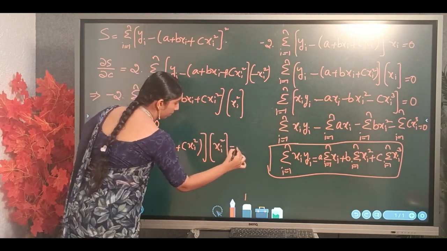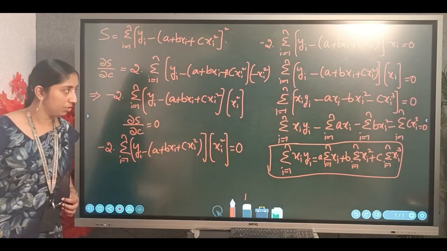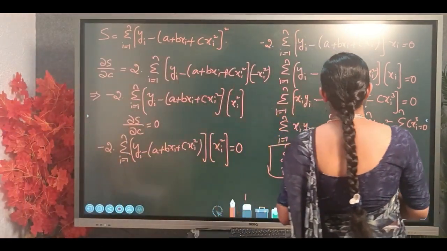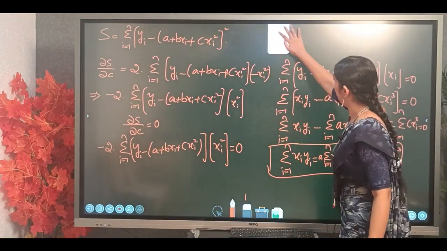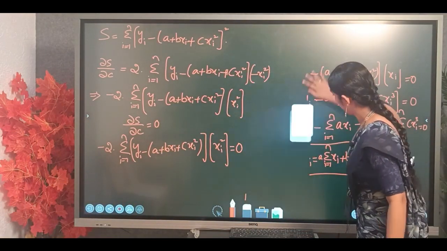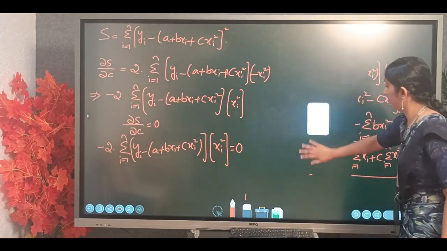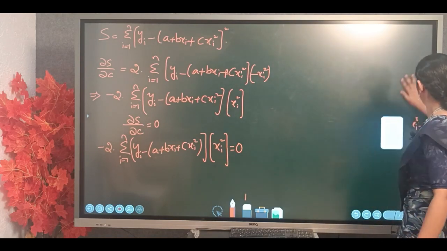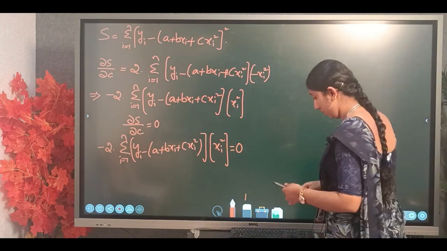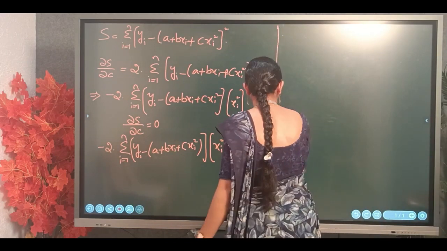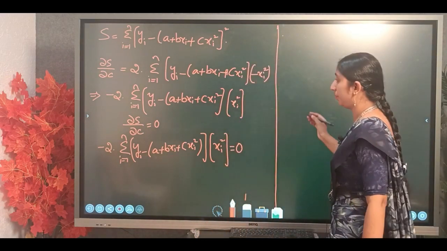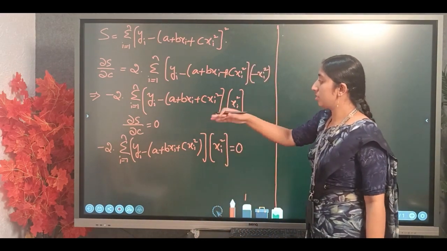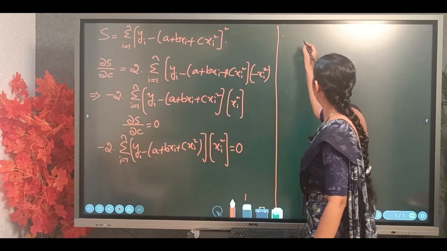Now we are equating to 0. So what will we get? Okay, let us see. When this minus 2 comes to this side, it becomes 0.